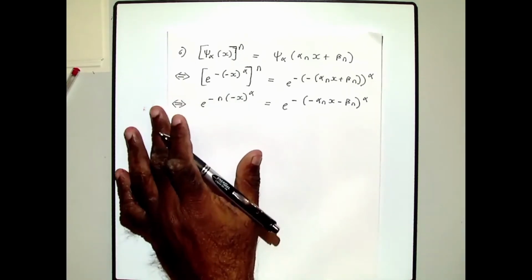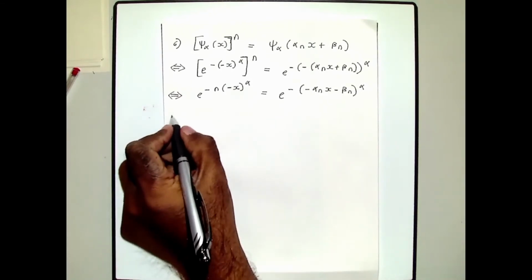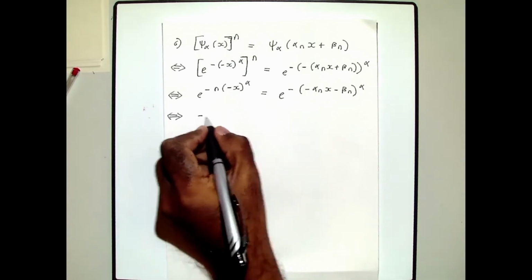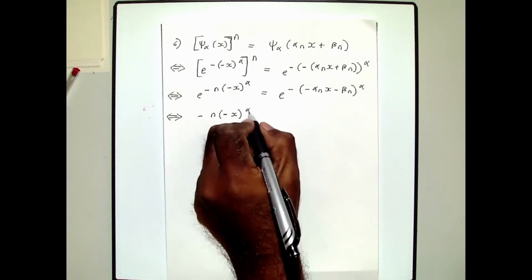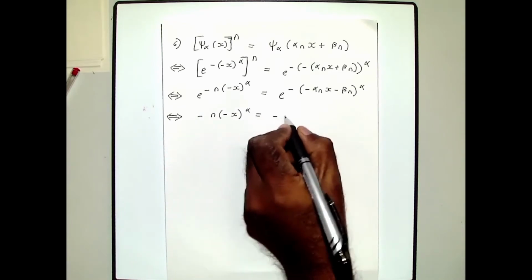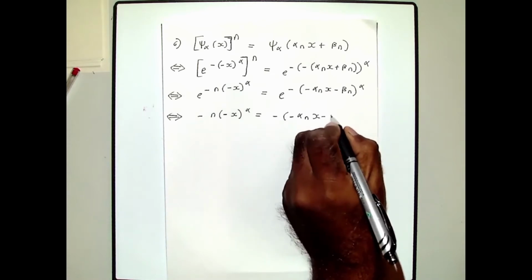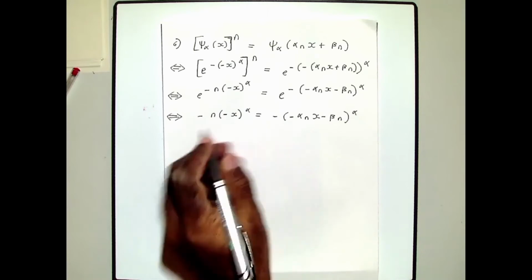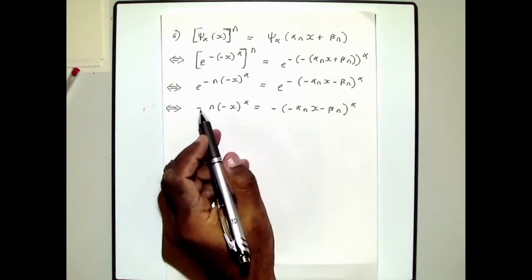Now, as before, I'm going to take the log on both sides. So you get minus n... This after taking the logs. Now I'm going to cancel out the two negative signs.